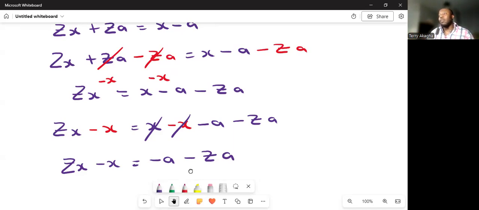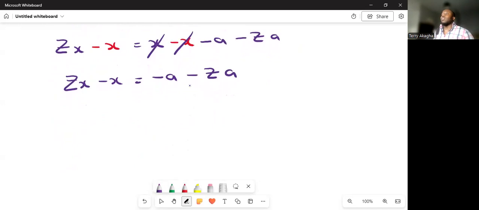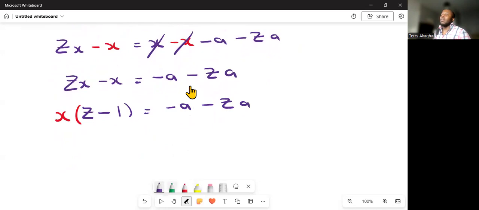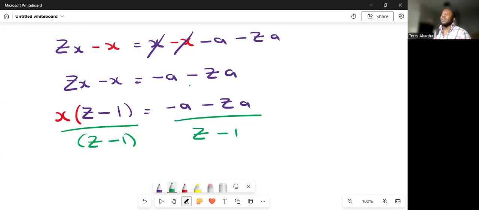Now we then factorize. So what is common here? We get the x out. Then we're going to have x(z minus 1) will be equal to minus a minus za. Then to get rid of the z minus 1, we divide both sides by z minus 1. This will cancel out that.